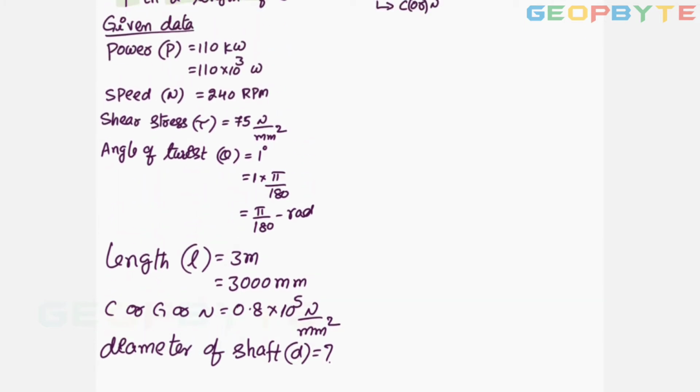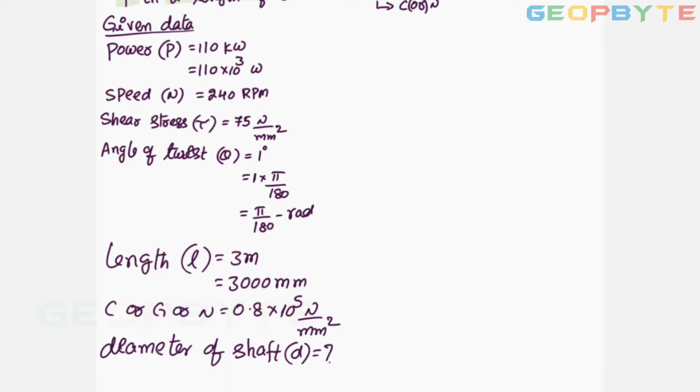One condition based on the torsion, other condition based on the rigidity. Based on the torsion condition we get one diameter, and based on the rigidity condition we get another diameter. Whichever is greater, that diameter should be taken as the suitable diameter.